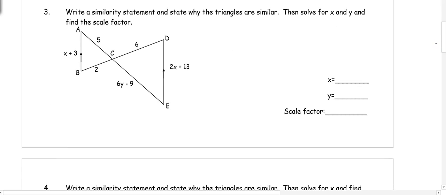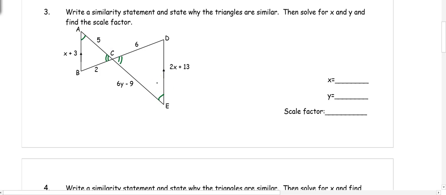Number 3, write a similarity statement to state why the triangles are similar, then solve for x and y and find the scale factor. So in this case, again, we have congruent vertical angles, and AB is parallel to DE. So we can say that A and E are congruent because they're alternate interior.